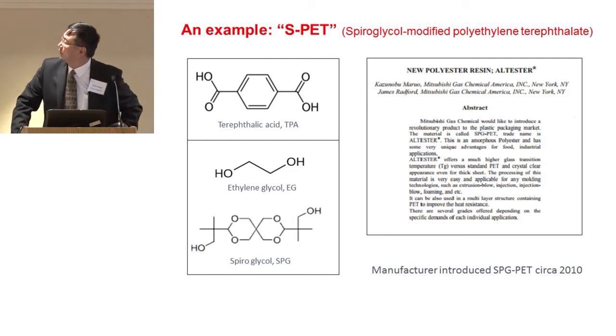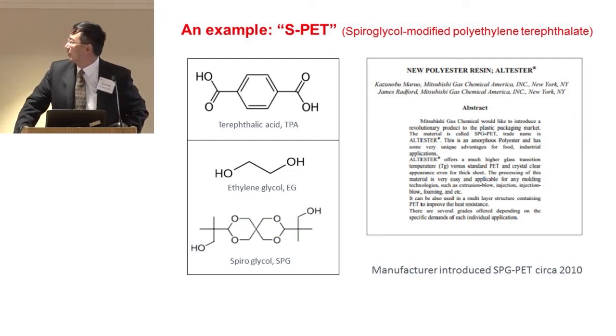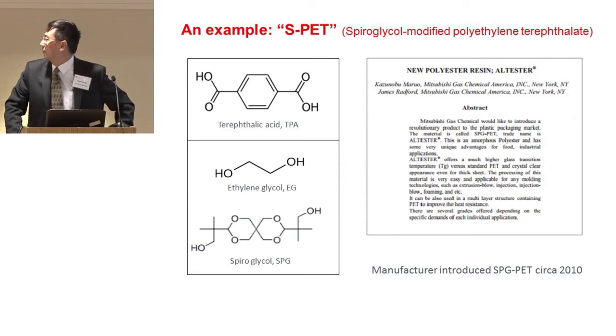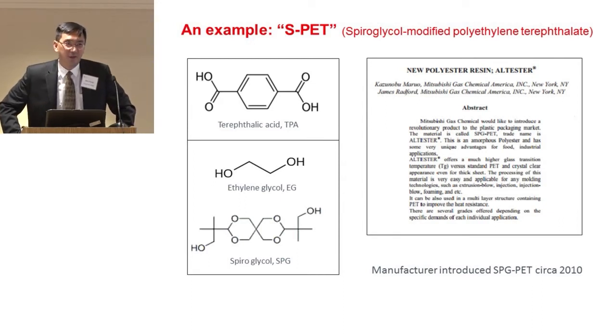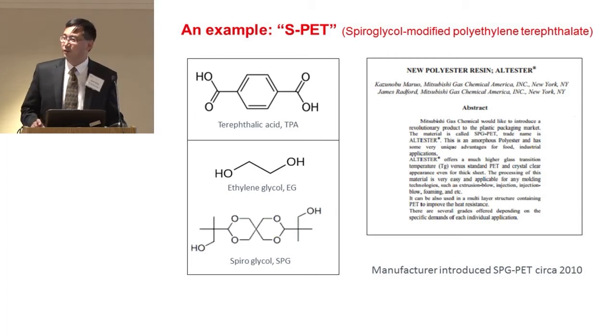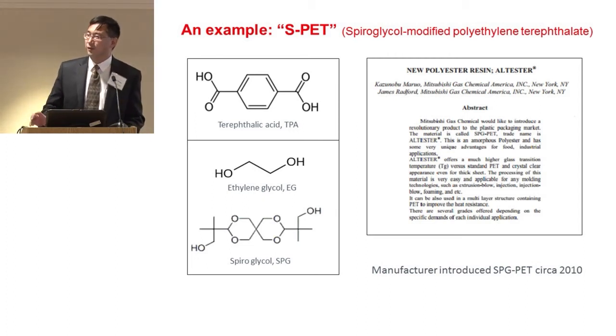So if you don't use the spiroglycol as a comonomer, if you just polymerize terephthalic acid and ethylene glycol, you get the bottle grade PET. I generalize and simplify somewhat.